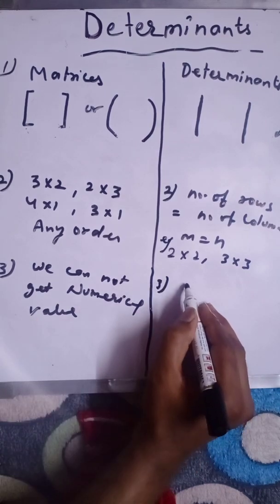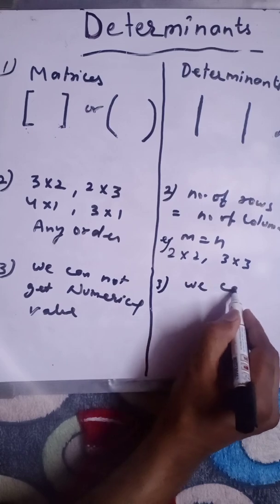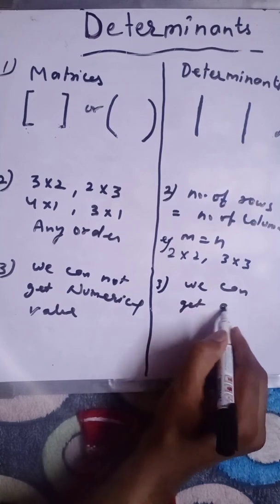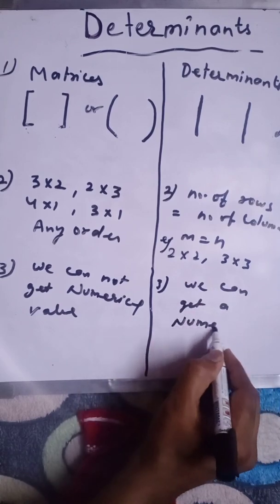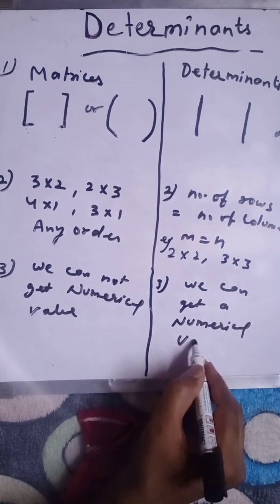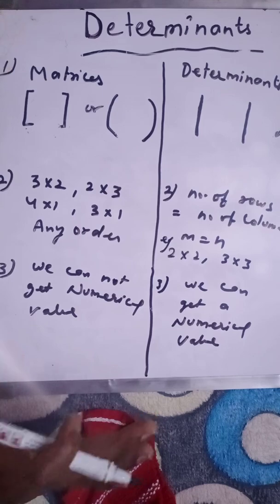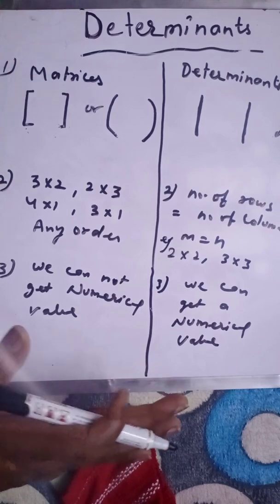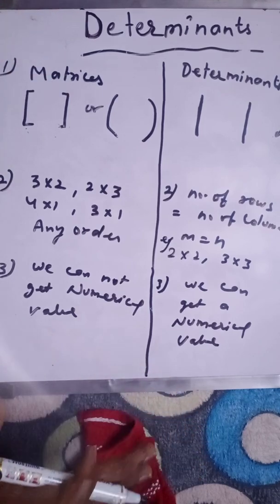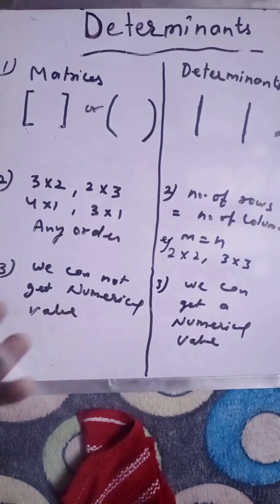But here we can get a numerical value. So basically these are the important differences between matrices and determinants which you should know.